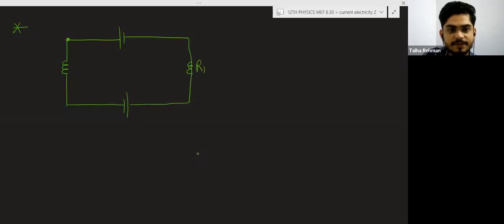This resistance is R1, this is R2, and the current is flowing in this direction.